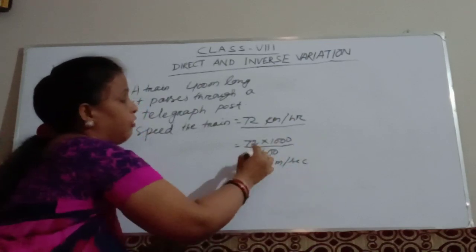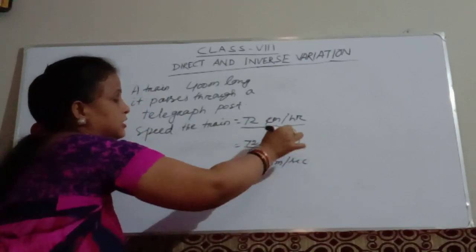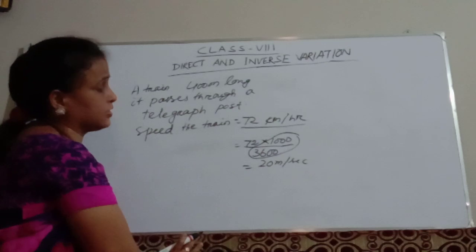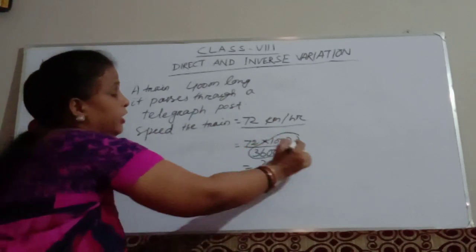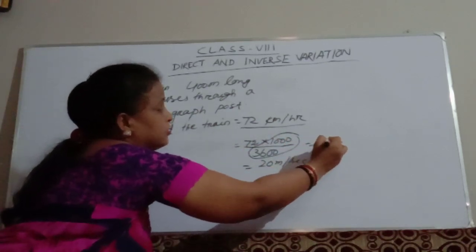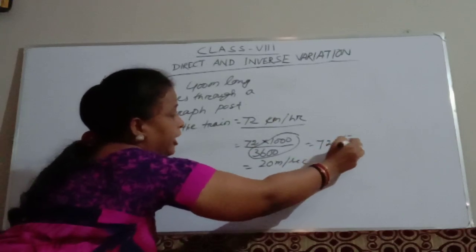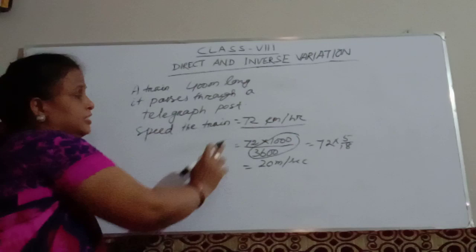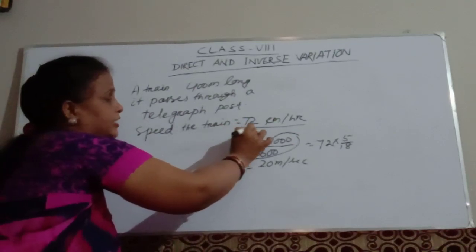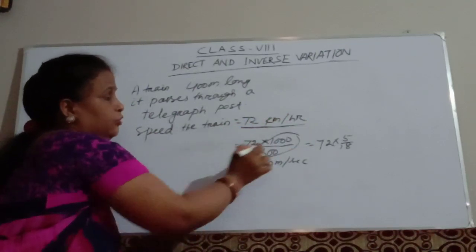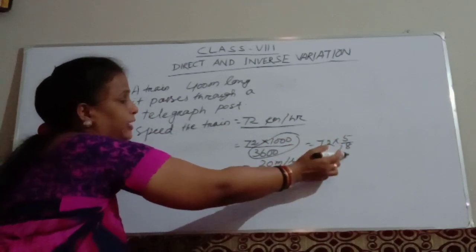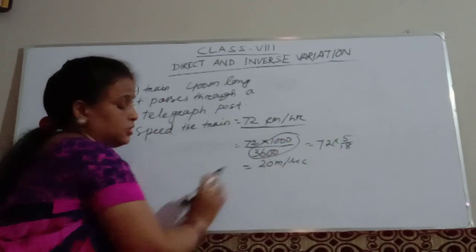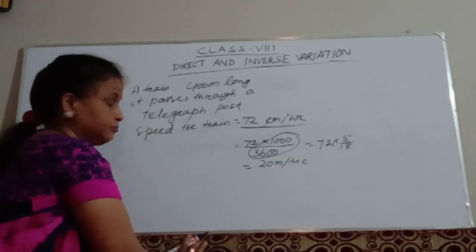In short, you can write 1000 by 3600, so simply 72 multiplied by 5 by 18. Whenever the speed of the train is given in km per hour, just multiply 72 by 5 by 18. The answer is 20 meters per second.